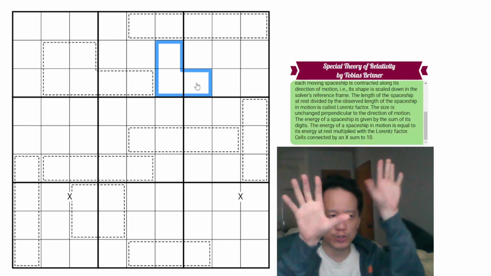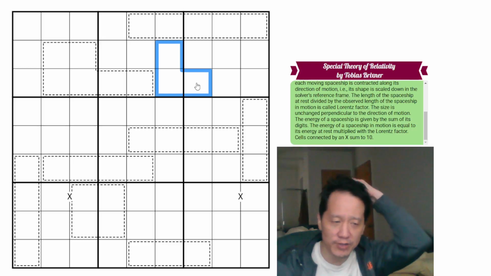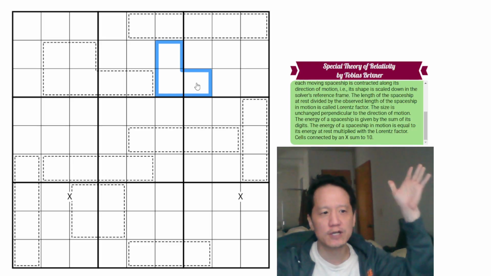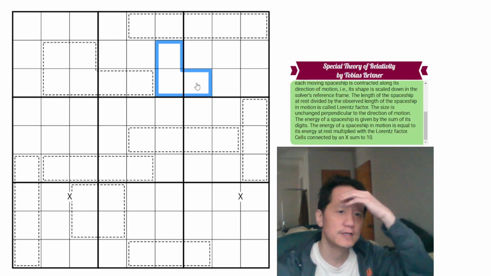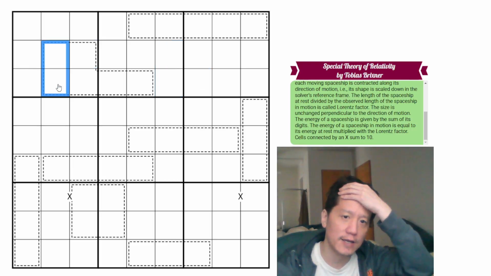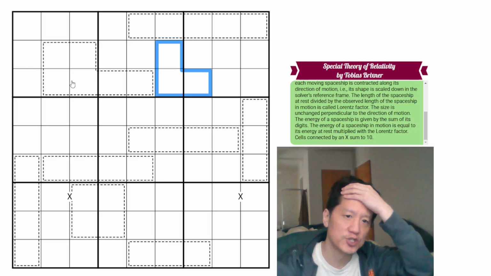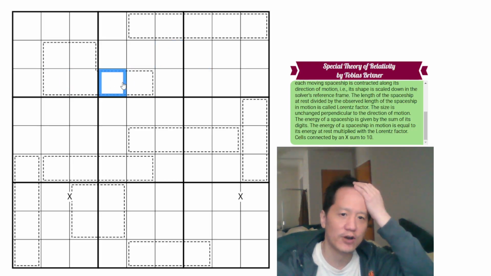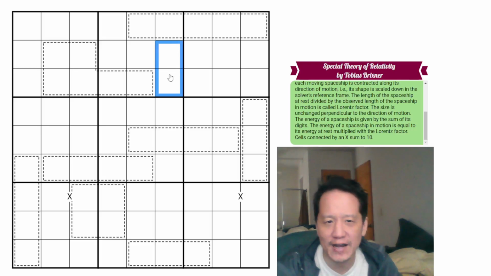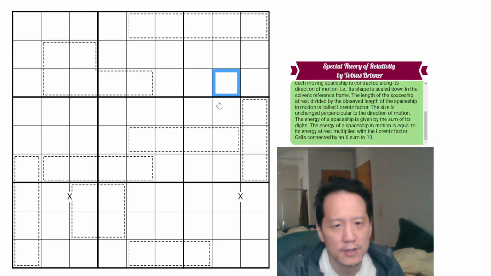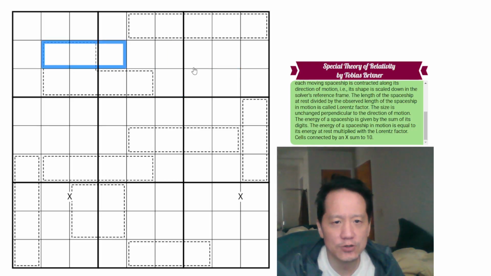It can't be multiple numbers here, because the spaceship can't shrink in multiple ways. So if this shrank divided by 2, but this shrank divided by 4, that's not valid, I'm pretty sure.